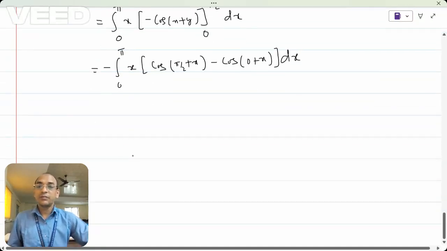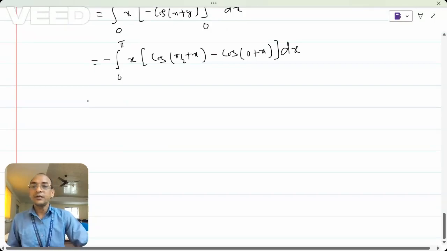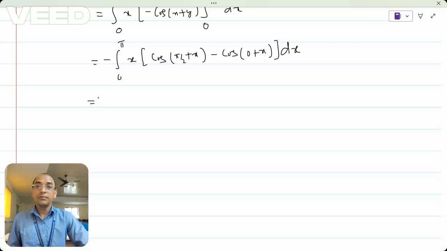So this is equal to minus the integration from 0 to pi of x, this one will be minus sine x, and this one will be minus cos x dx.